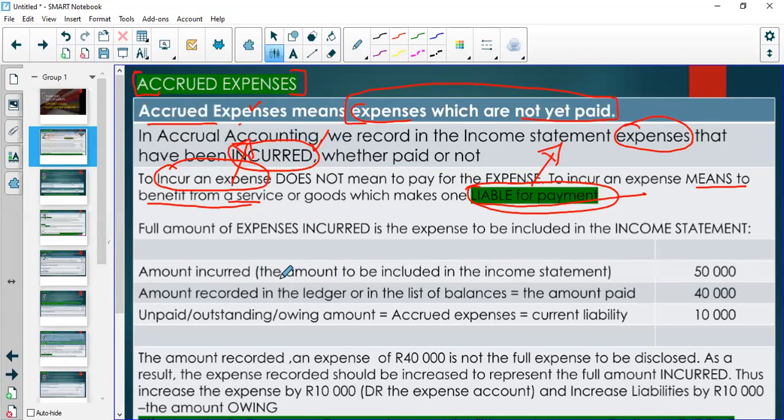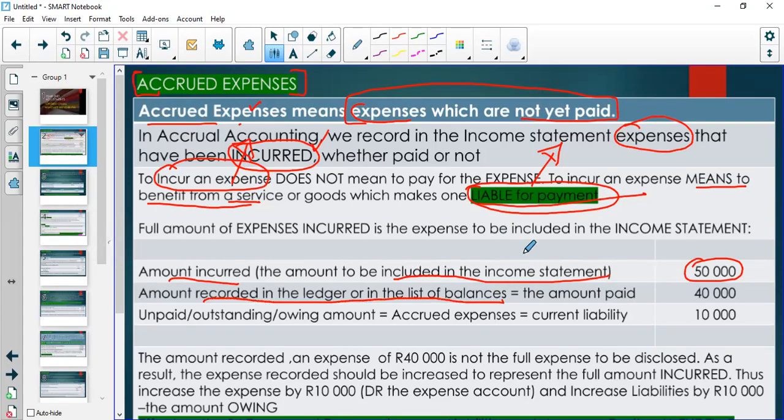For example, I have an example here. Let's say that we enjoyed benefits, or the amount incurred, which is included in the income statement, is 50,000. This is the charge that we incurred, but we only recorded amounts using the source documents.